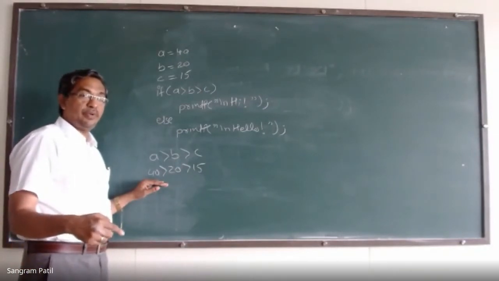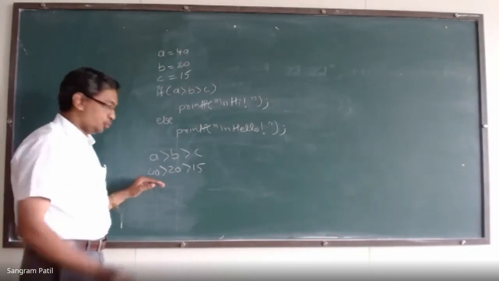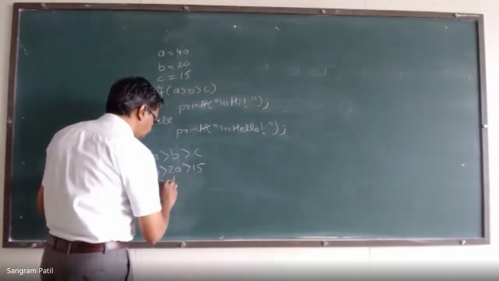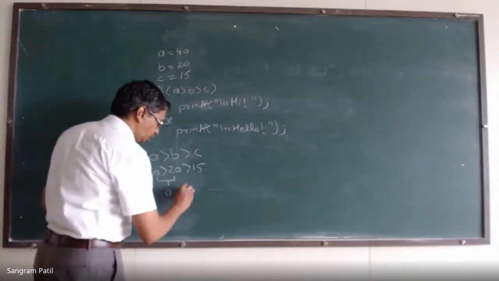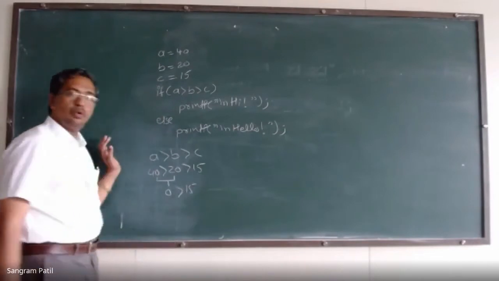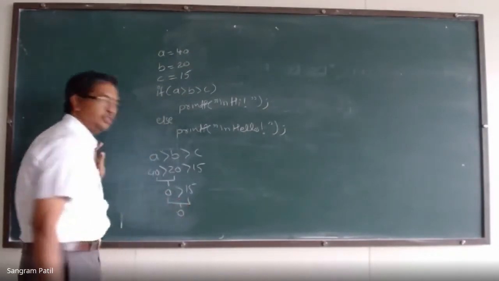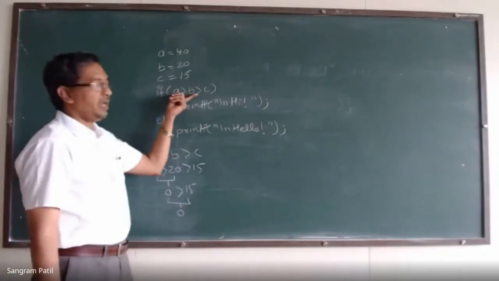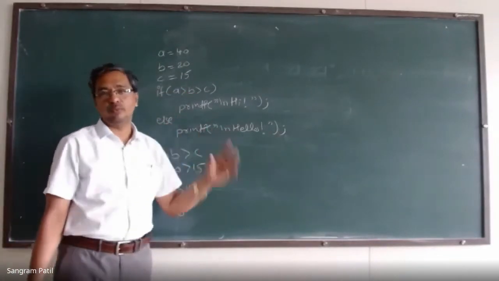What I told you in the previous example, this will return either 0 or 1. So the condition is satisfied, so this will return 1. And 1 is greater than 15? No, the condition is not satisfied. This will return 0. And here it becomes if 0. It will come here, it will give you hello.